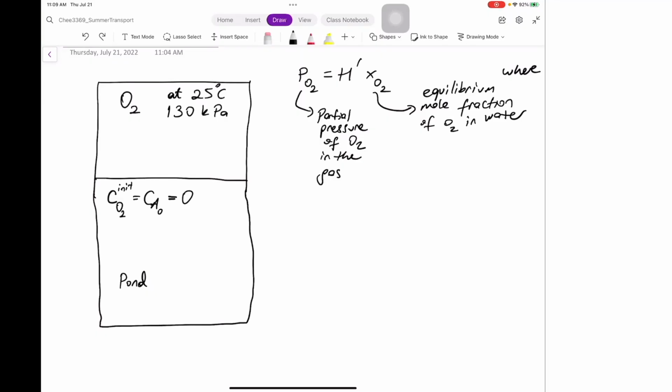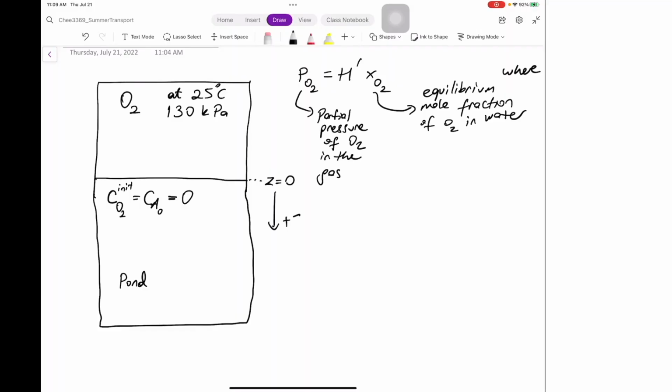So you can assume that the pond is much larger than 2 centimeters, and practically take the pond semi-infinite in this direction.